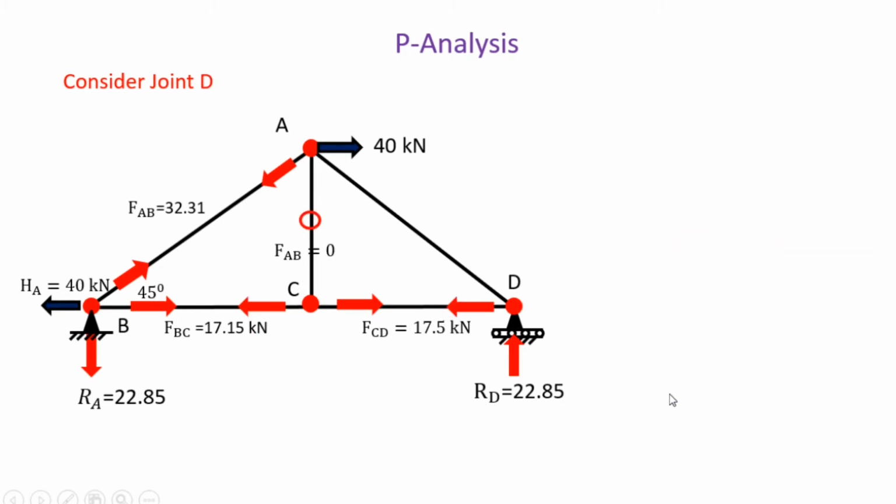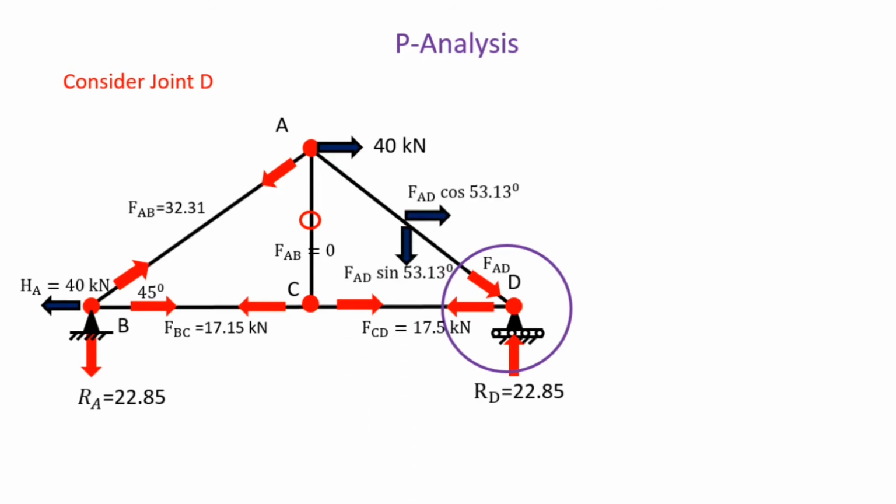Then consider the joint D here. Then the force is the FAD force, and the direction is towards the joint. Now this force is an inclined force, so resolve in two directions, vertically downward FAD sin 53.13 and horizontally towards the right with FAD cos 53.13.